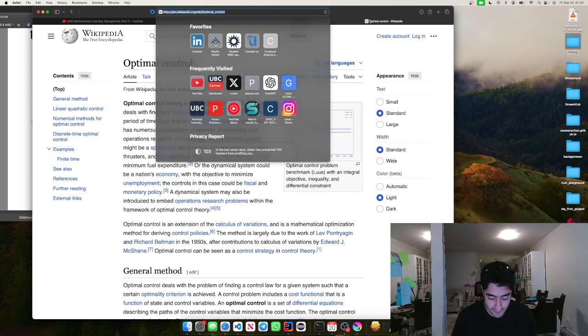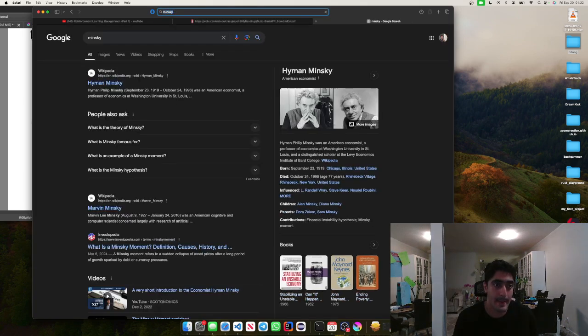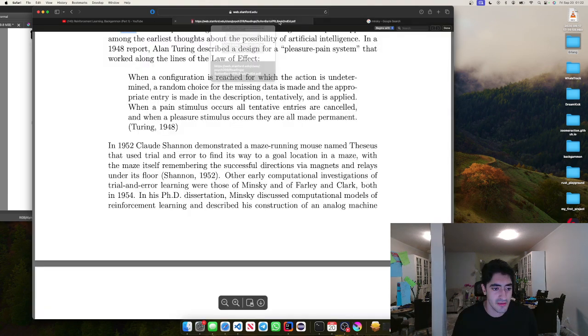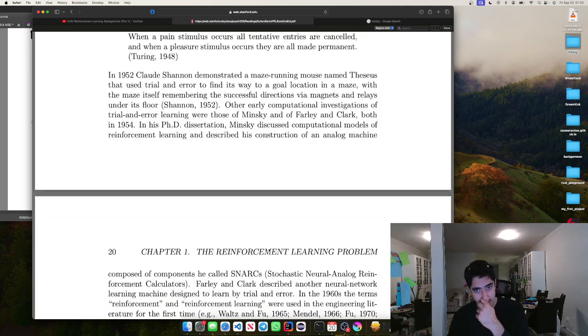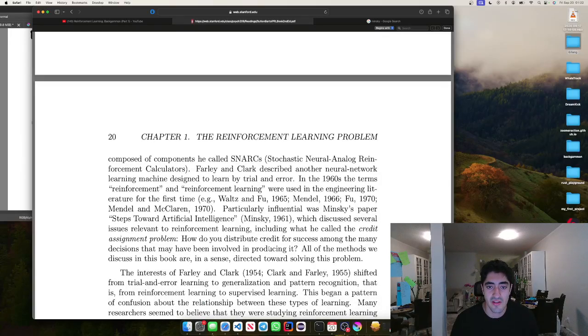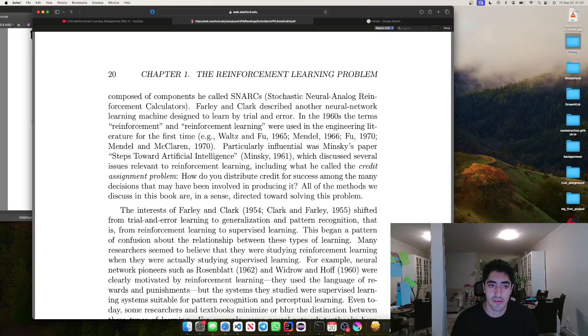He constructed an analog machine composed of components he called SNARCs, stochastic neural analog reinforcement calculators. Farley and Clark described another neural network learning machine designed to learn by trial and error.